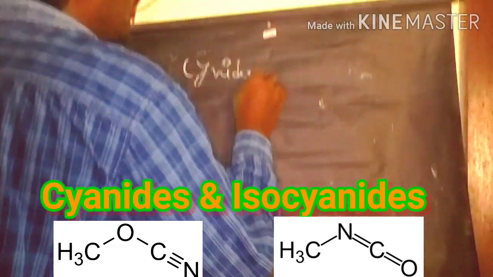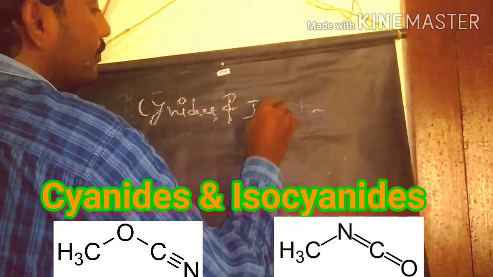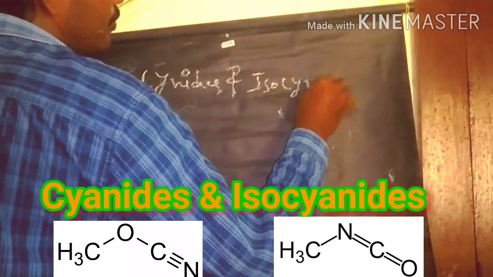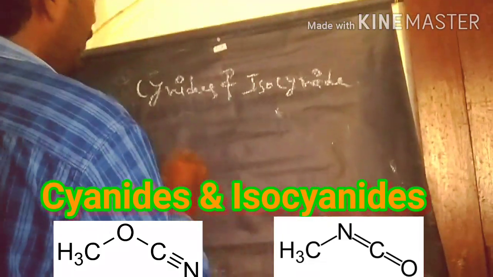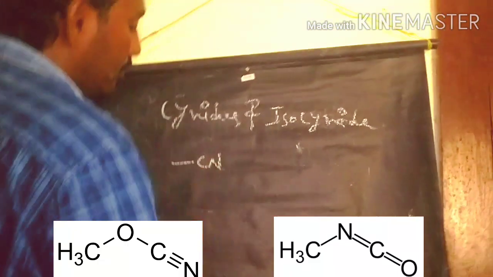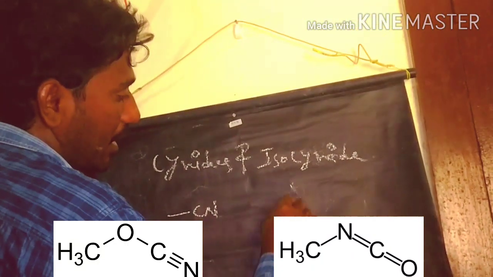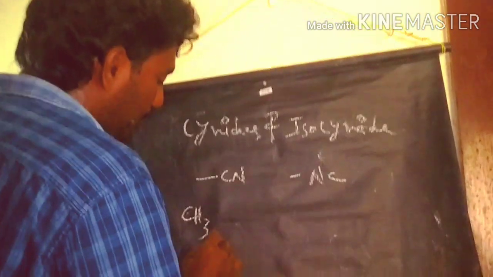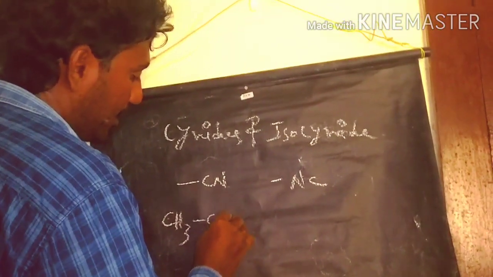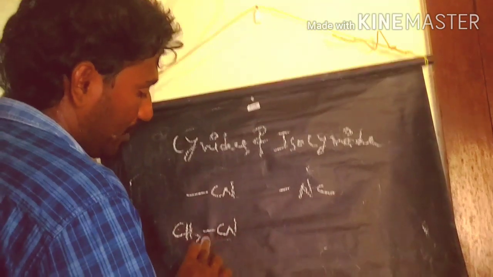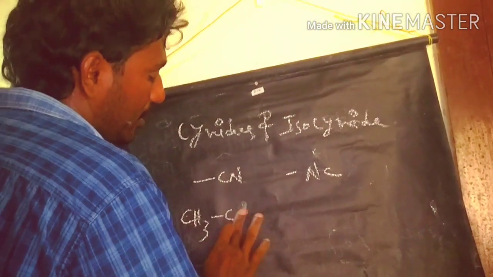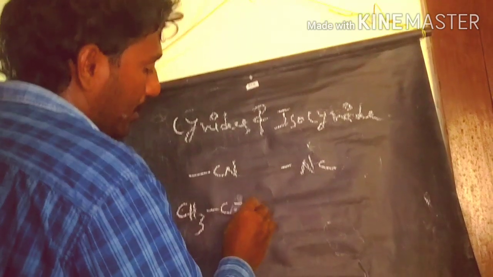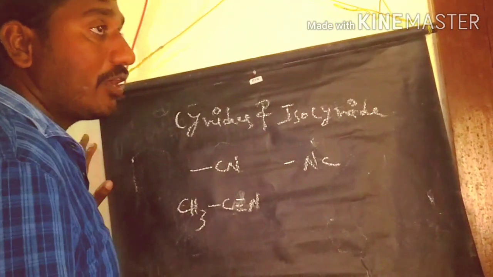Both are functional isomers. Cyanides and isocyanates both have the same functional group, CN. In the isocyanate we have NC. If you take a simple example, methyl directly attached with the cyanide group is a carbon to carbon bond, and the carbon and nitrogen have 3 bonds.